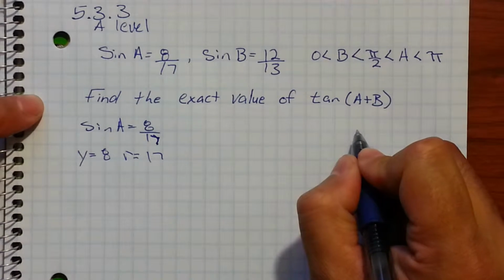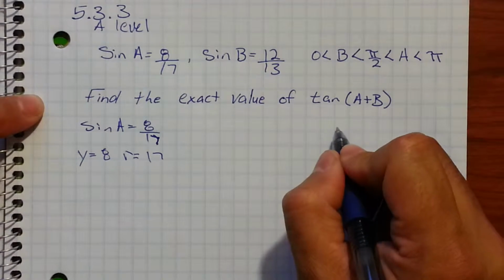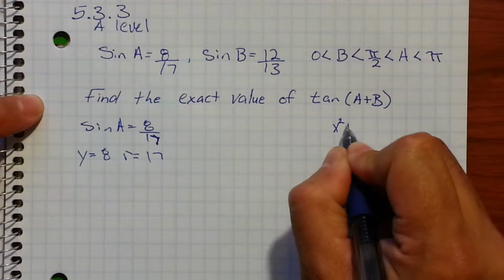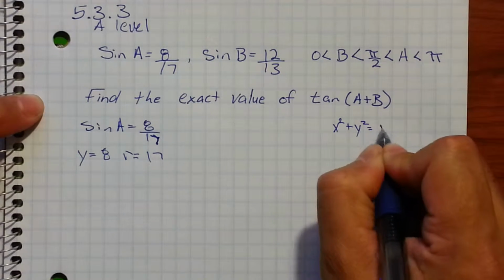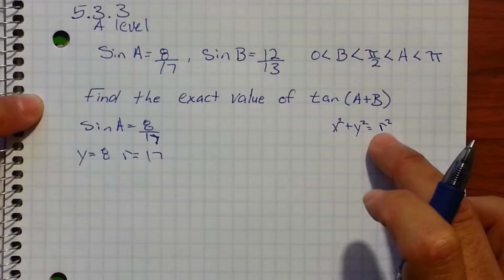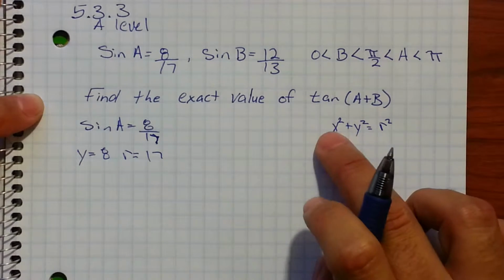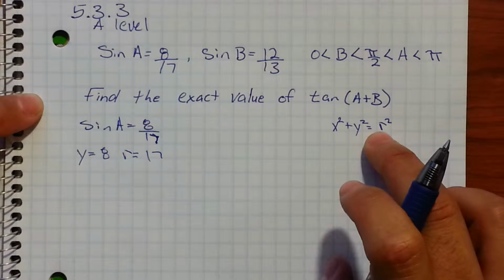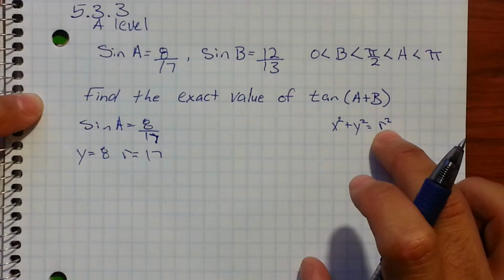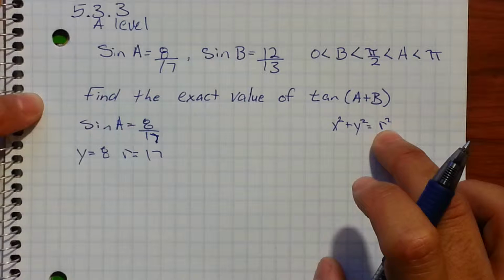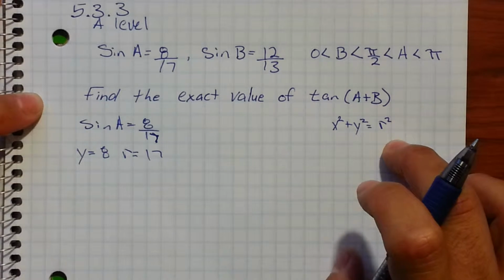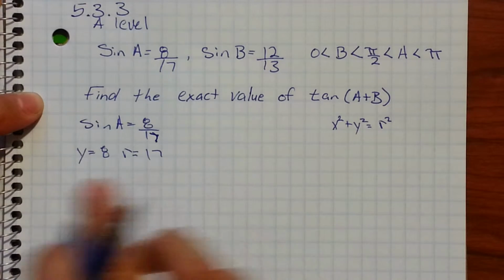Now there's an identity that I know also. I know that x squared plus y squared is equal to r squared. We were dealing with this the other day, where r was always 1, so it was always x squared plus y squared is equal to 1. But on these ones right here, my r is not going to be equal to 1. So I actually have to go through and find out what these are.